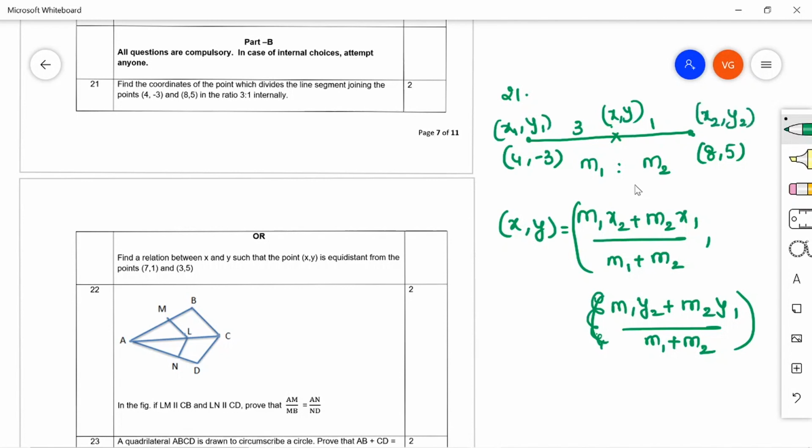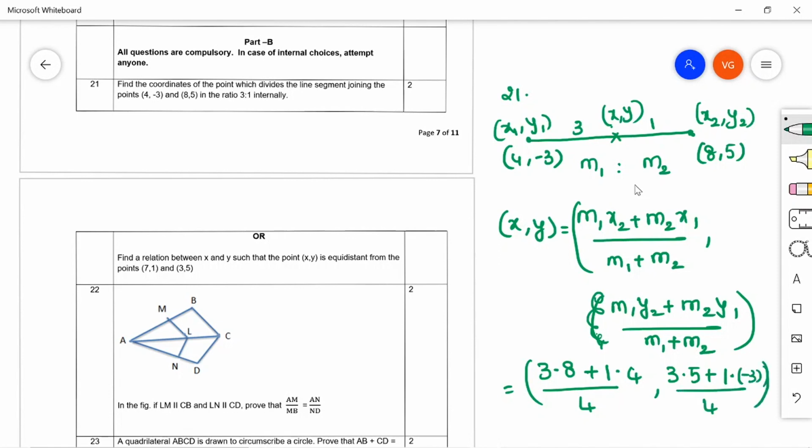Very simple. Substitute here. m1 is 3 and m2 is 1. So 3 into x2 is 8 plus 1 into x1 is 4 divided by m1 plus m2, 3 plus 1 is 4, comma. Next point is m1 is 3, y2 is 5 plus m2 is 1, y1 is -3 divided by 4 again.